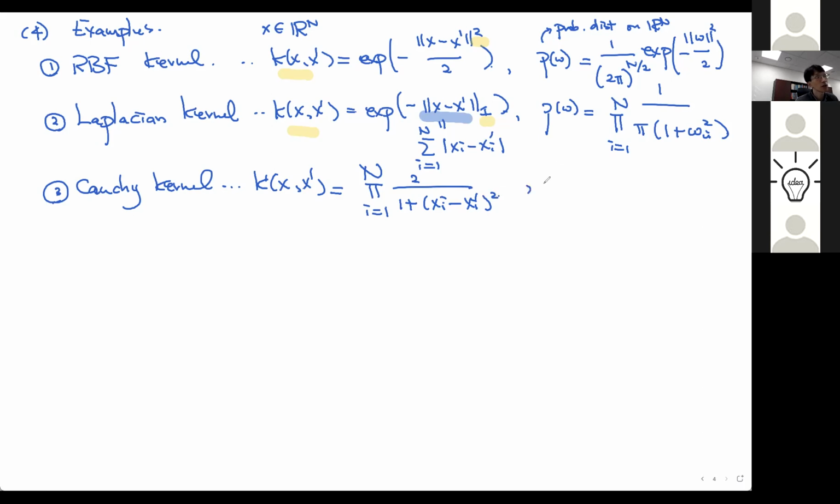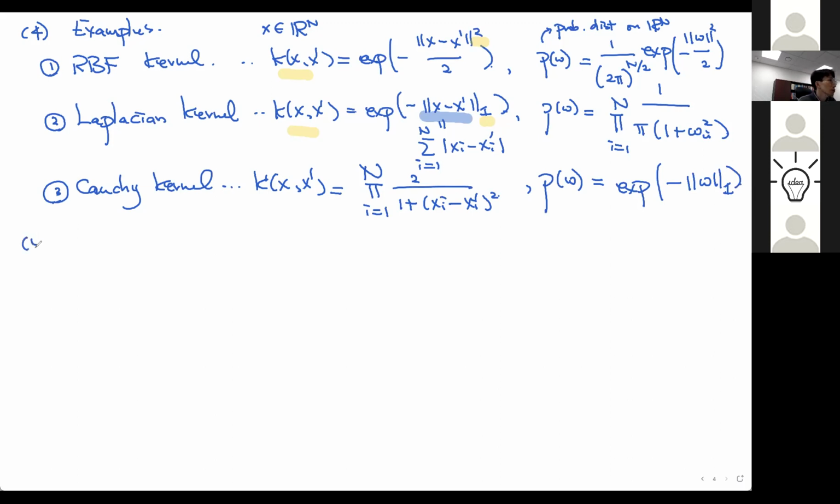In this case, the probability distribution turned out to be the Laplace distribution. So the Laplacian and the Cauchy are somehow dual with each other. So these are the examples.